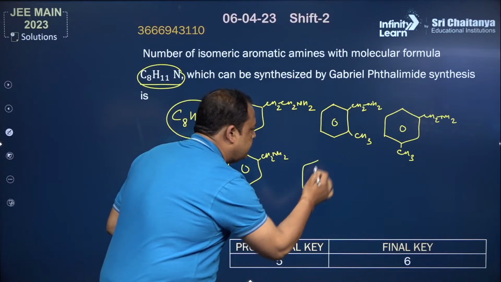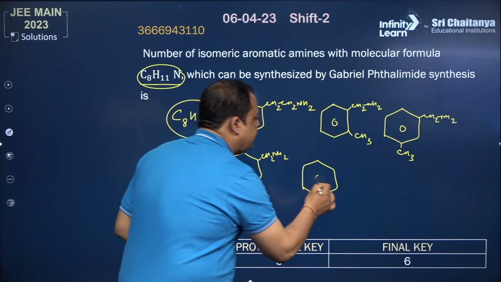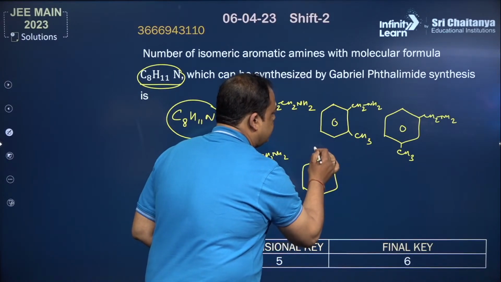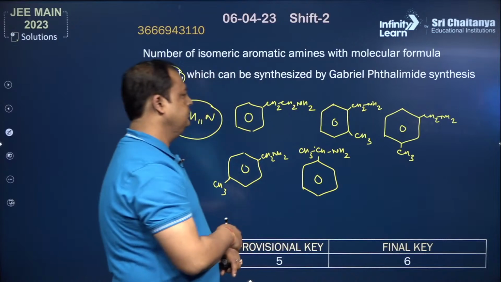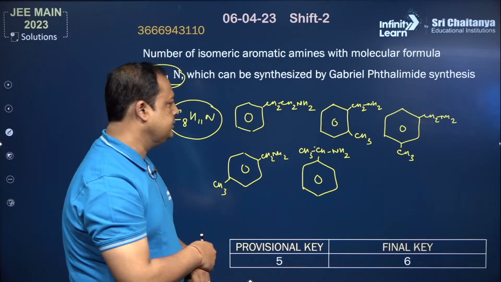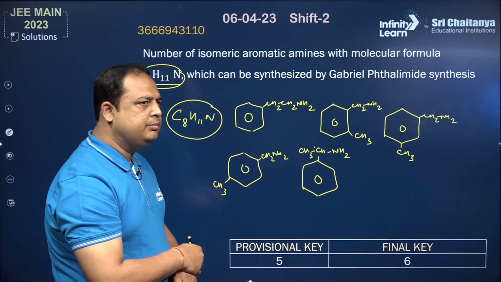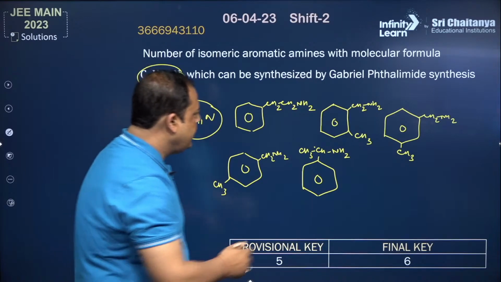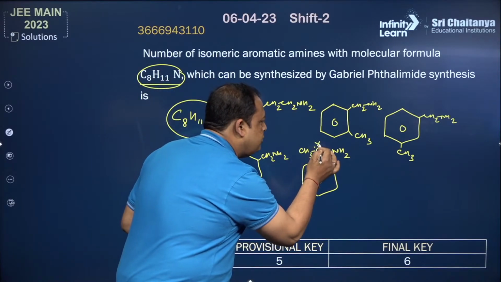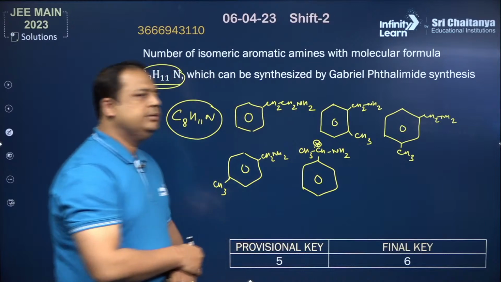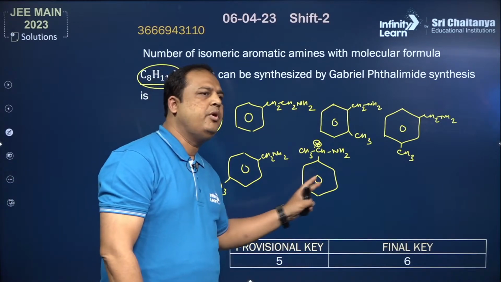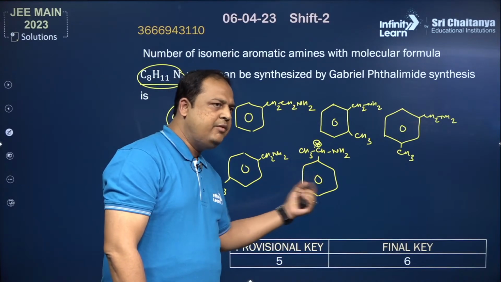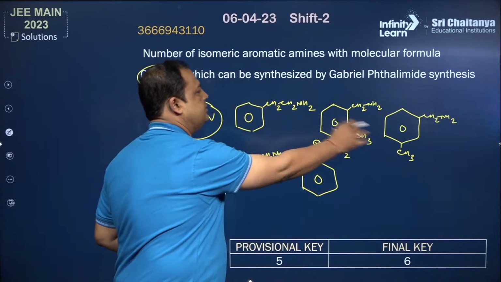Now see, is this possible or not? CH3CH NH2. Is this possible or not? Yes, this is also a 1 degree amine. Is this compound optically active? If this is optically active, we will have 2 forms here, D and L form, and the 4 others.